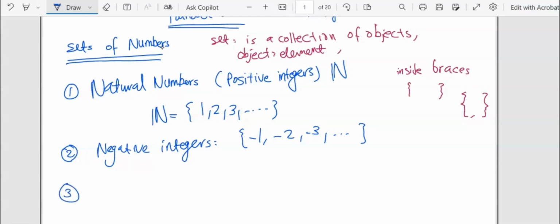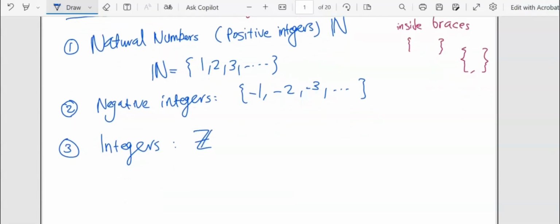And the set of integers in general we call Z. It's a fixed notation for the integers. The integers start from all the negatives, ordered from the smallest to the largest, then 0, and then the positive integers. This whole set is called the integers.